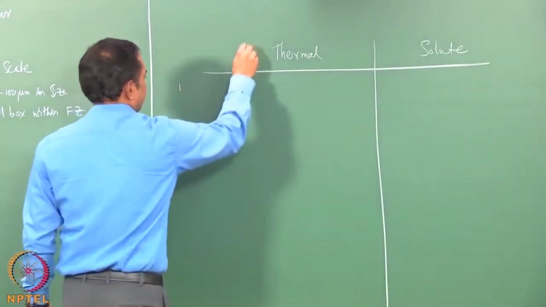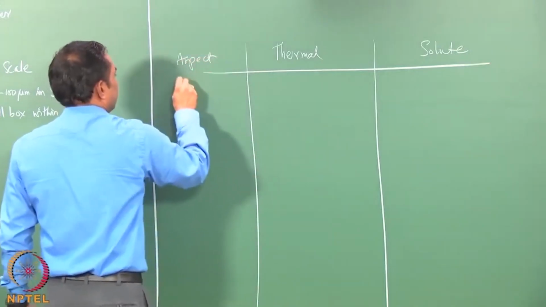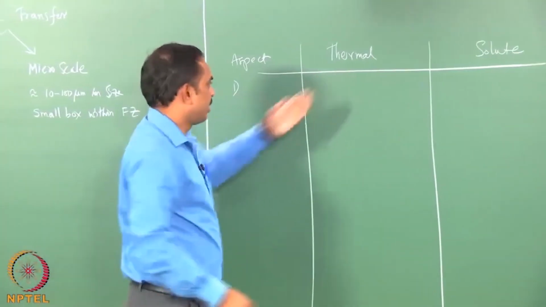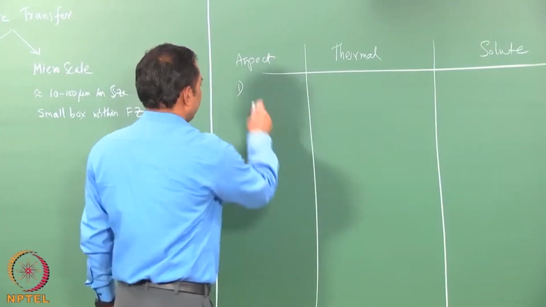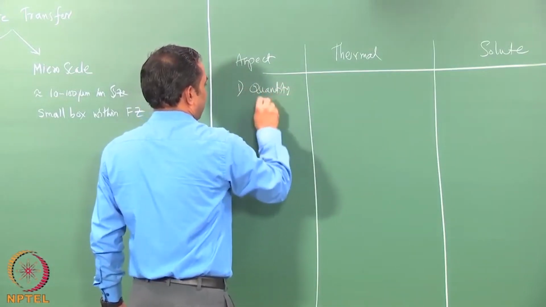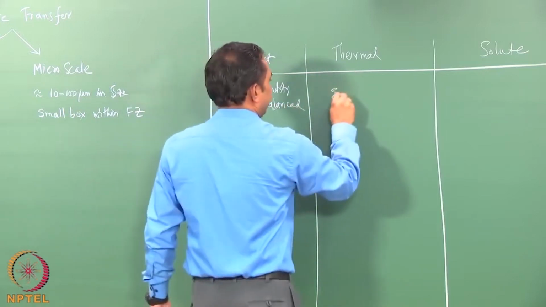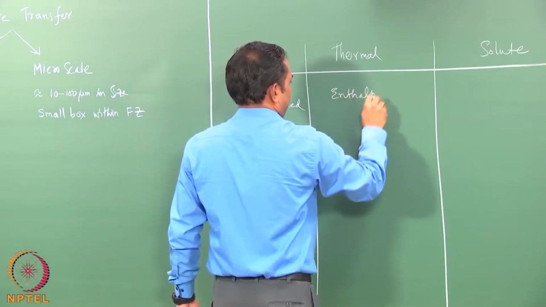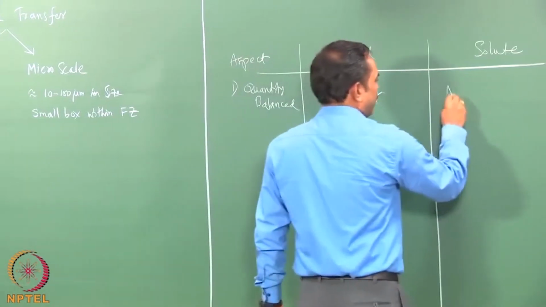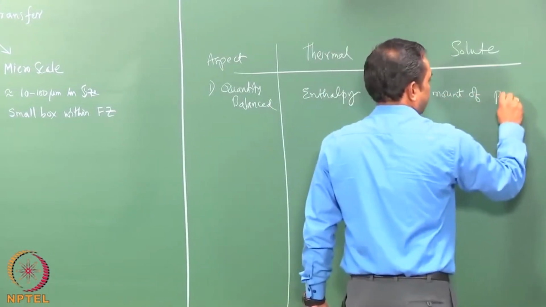The first aspect is what is it that you are trying to balance in the thermal model as well as in the solutal model. So, the quantity balanced, in this case it would be the enthalpy, and in the case of solute transfer we are trying to balance the amount of a particular species.